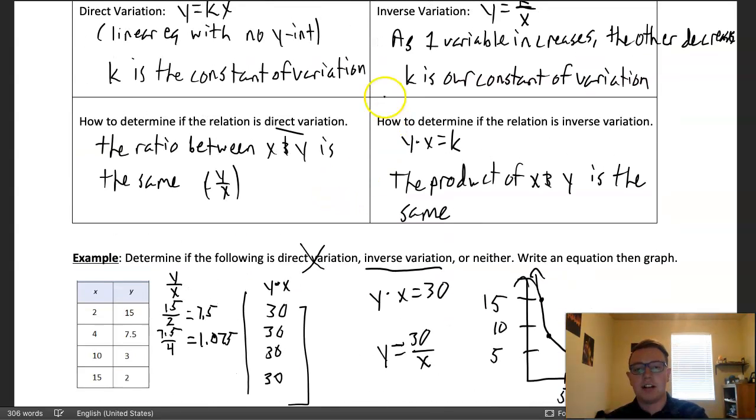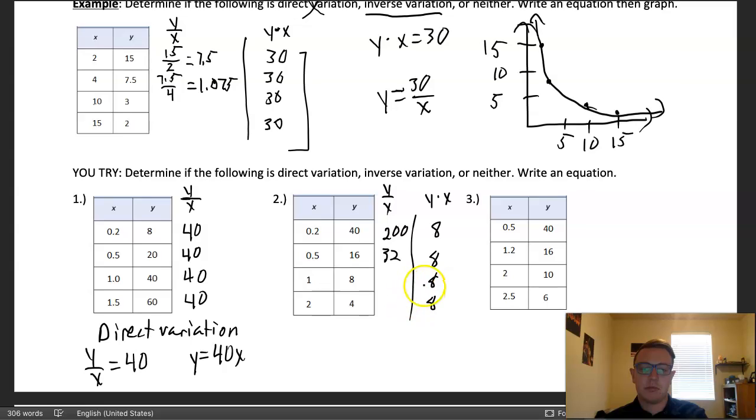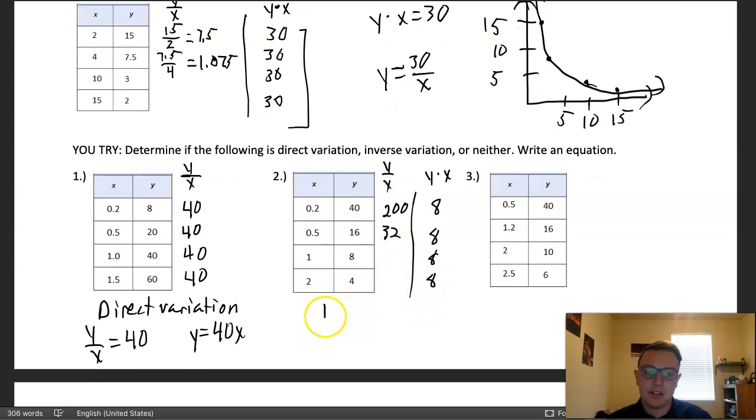If we multiply them, that means it's inverse variation. And what did we find was true? We found that y times x always equals 8. So now if we're trying to isolate y, we're going to divide by x, and this will give us the equation y is equal to 8 over x.